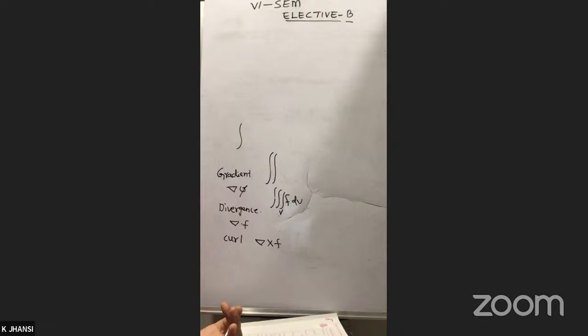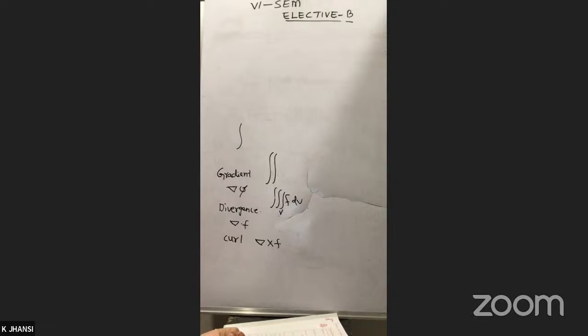Similarly, in unit 11, you have Stokes' theorem. For these 3 theorems, there is also a diagram, so you compulsorily have to draw the diagram. For Stokes' theorem, the statement and the proof will be there, and also proving the theorem with the help of a given function.